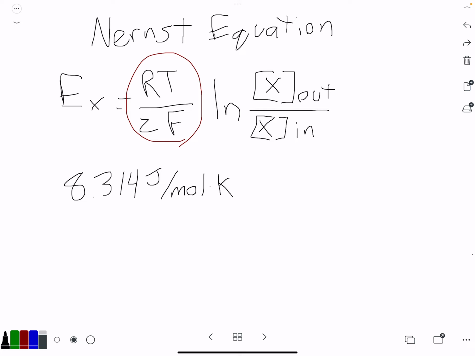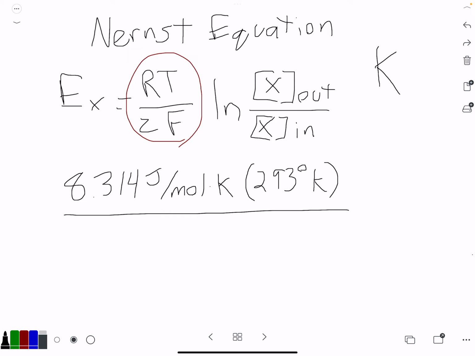So 68 degrees Fahrenheit is 293 degrees Kelvin. And let's say we're working with potassium here, which is a go-to example. So Z for potassium will be +1.